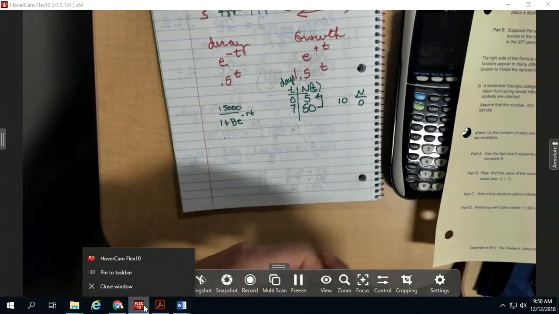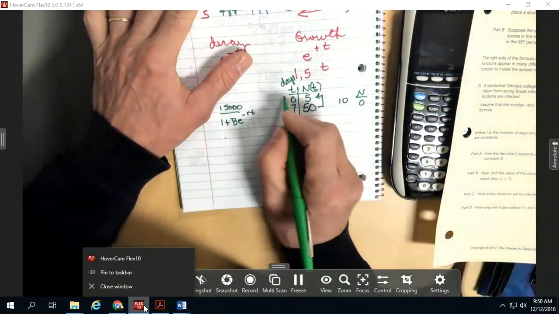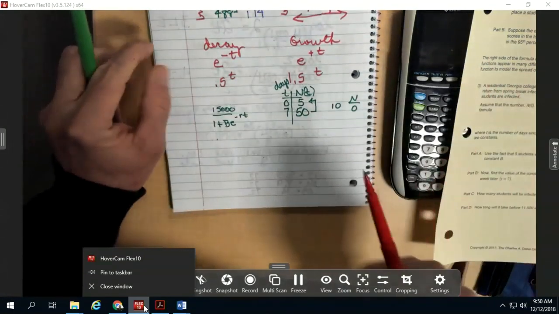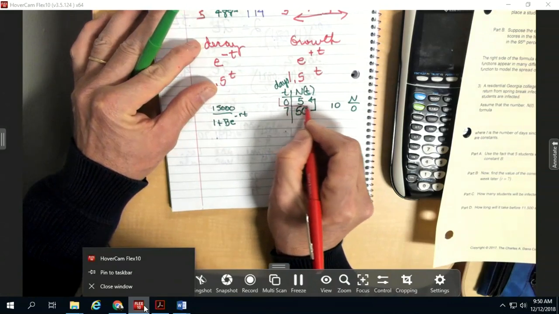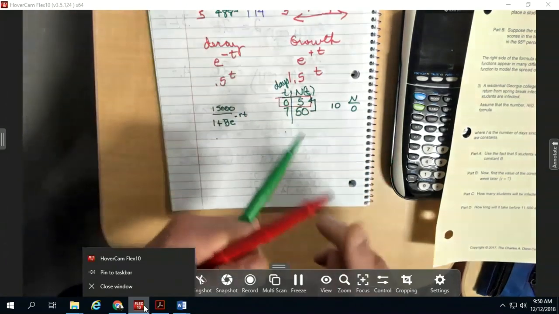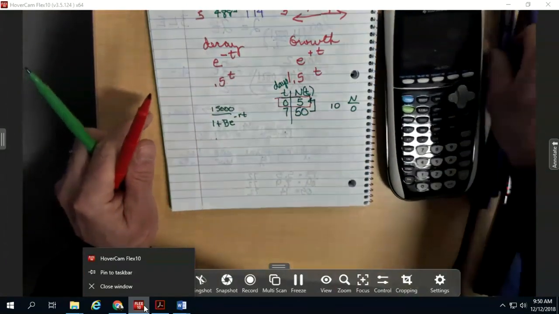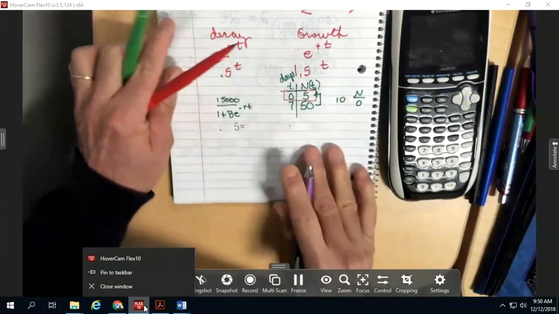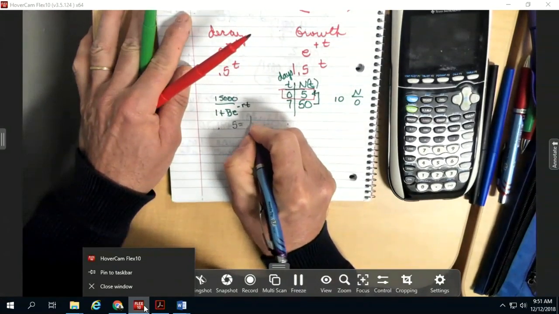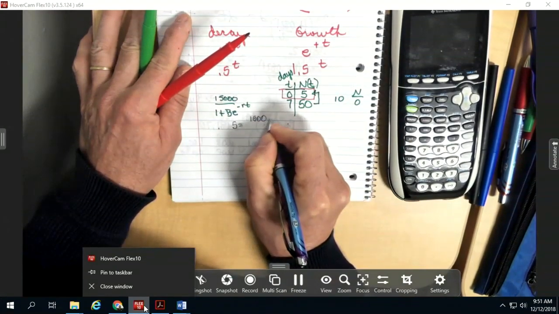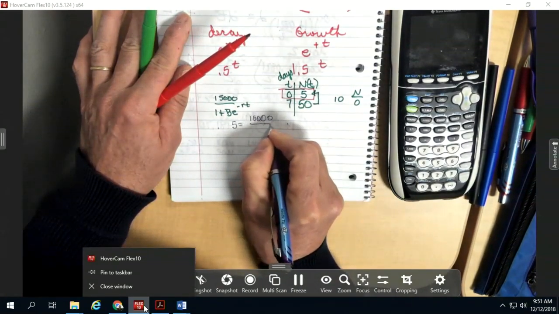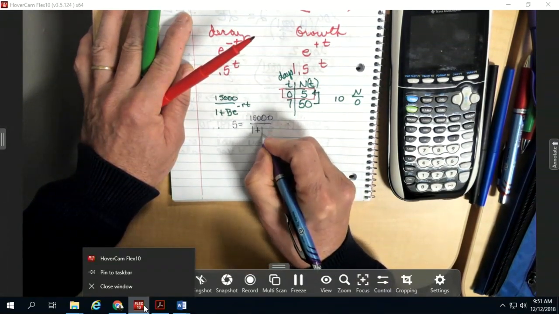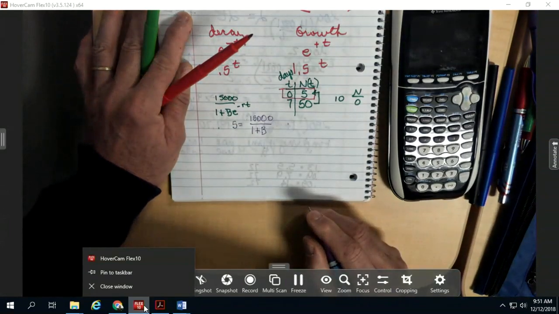Okay, so let's go through the math of this first one right here. The math says that we would have 5, that is 15,000 divided by 1 plus B, which we don't know what that is yet.